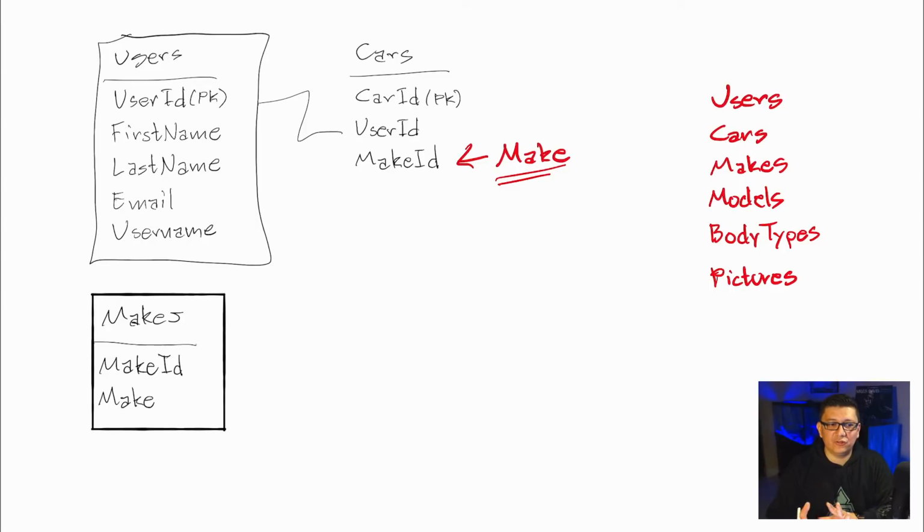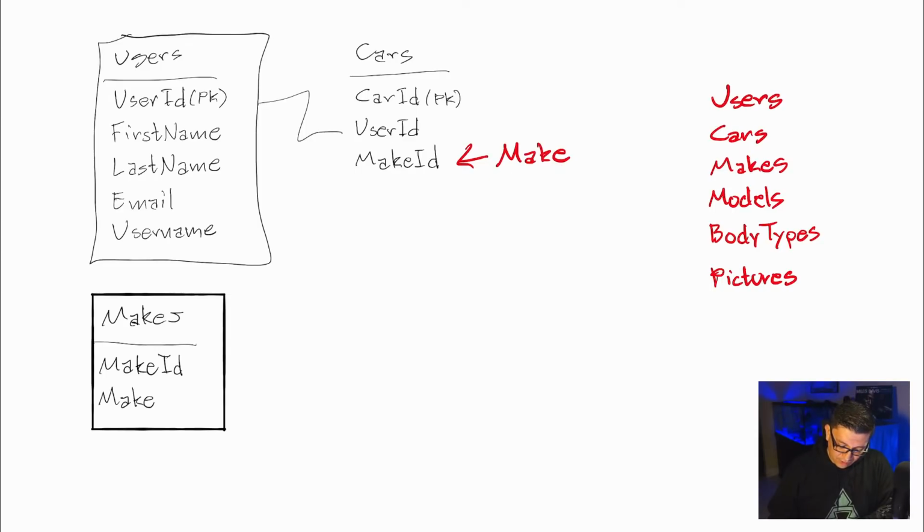Now, going back to the first point that I mentioned, if you have different spellings for a make, when you run a query against the database, you might not know how certain users spelled a make. So you might get incorrect report data when you run a report or a query against the database. So that is why I like to break it out into different tables.